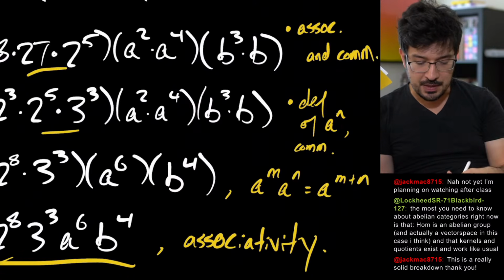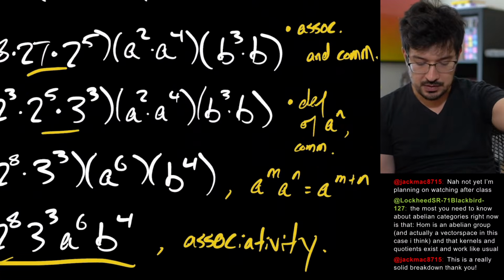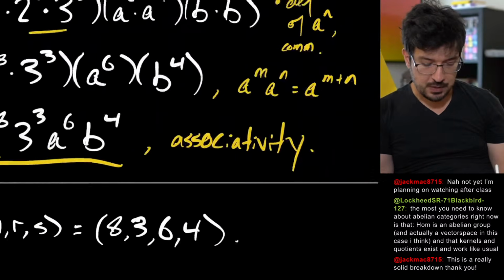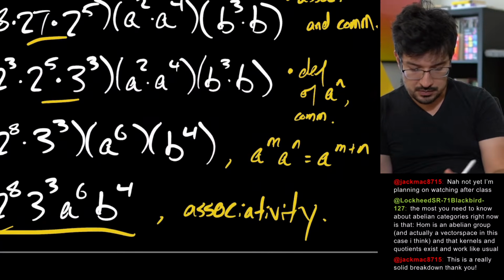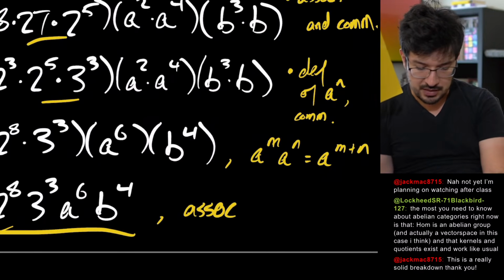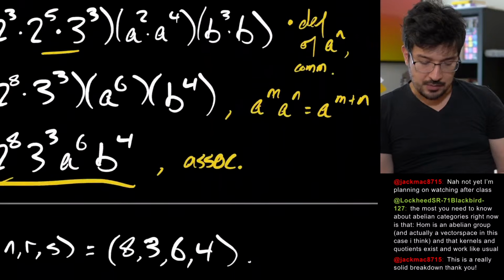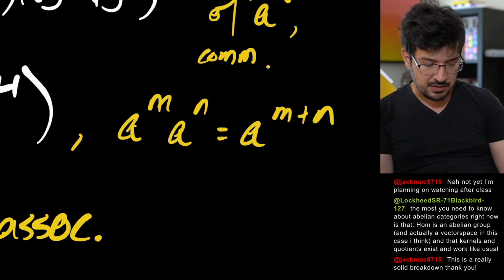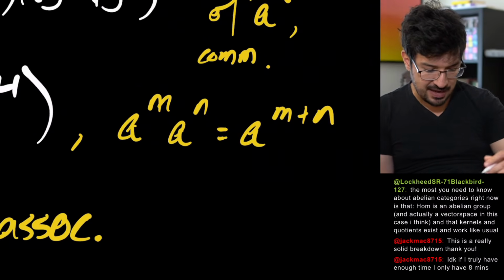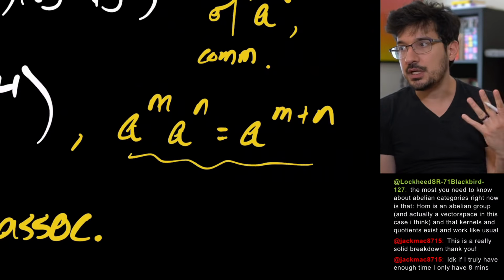Every step is justified by a mathematical fact that we've proven and seen before in the book. Everywhere else I've been writing a sock to say associativity, so let's keep it like that here. The book even gives these labels, like N7 or something. You could say N7, or you can write out the entire property.